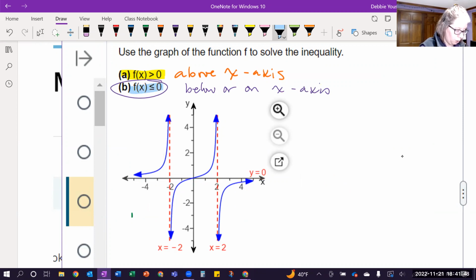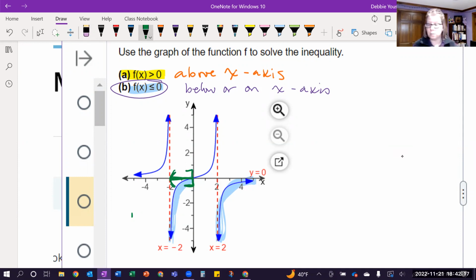So in my picture, I see this far right part, and I see this middle part up until the origin. And so again, I want to look at, well, what intervals are those? So it's to the right of my first asymptote. So it's basically in here. But because I can be on it, I'm actually going to change this to a bracket.